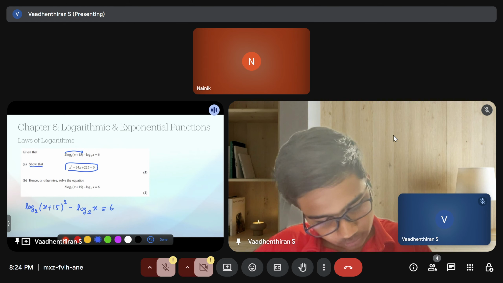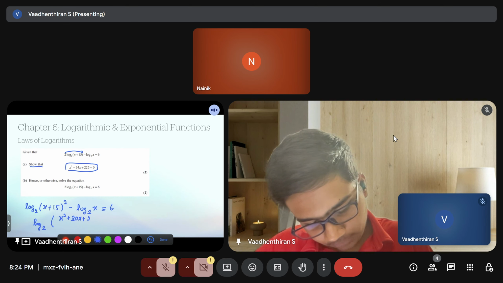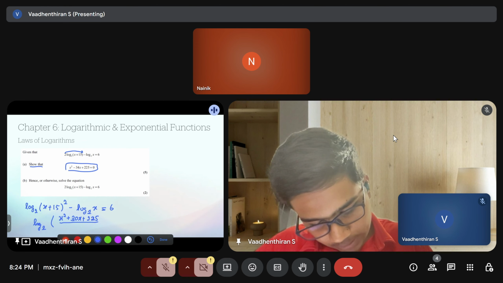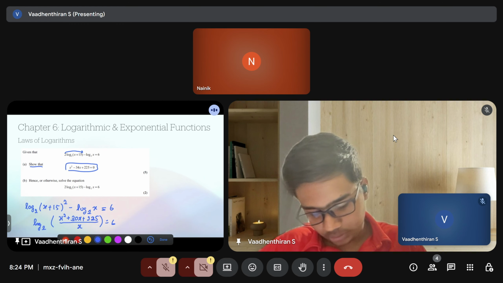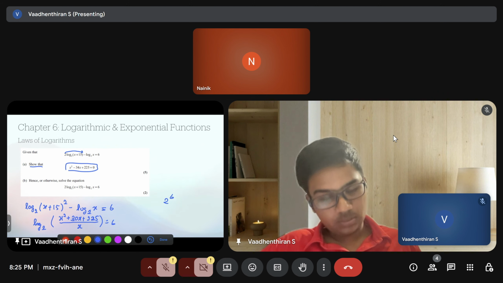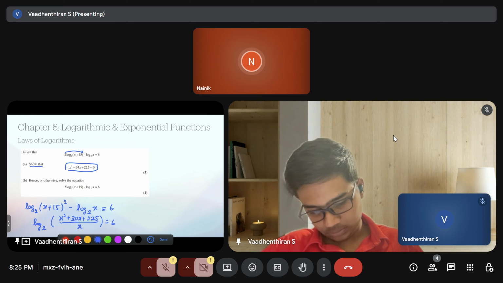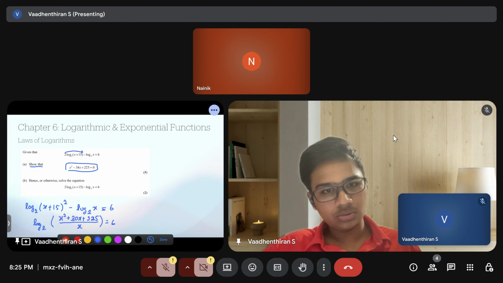So now what you can do is log_2 of (x squared plus 30x plus 225) by x equals 6. Now you can move this log_2 here. You will get 2 to the power 6. If I move the log 2 to the right hand side, what will you do?